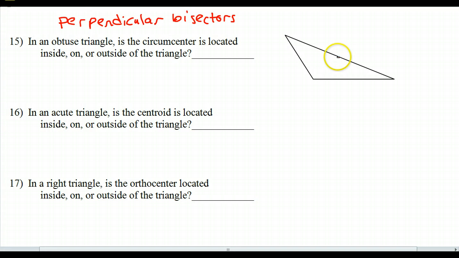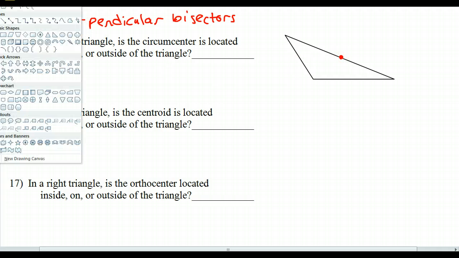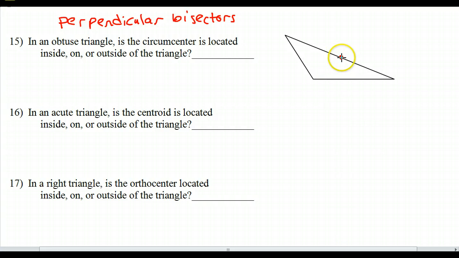Perpendicular bisector is the one that has to be at the midpoint, and it has to be perpendicular. So I'm estimating that this is about the midpoint. So if I'm going to go ahead and try to draw a line that's perpendicular to this as best I can, I'm just estimating, but that would seem about right to me.